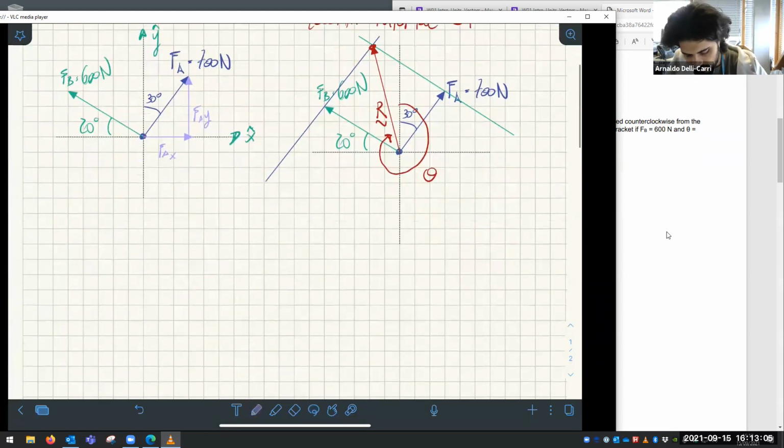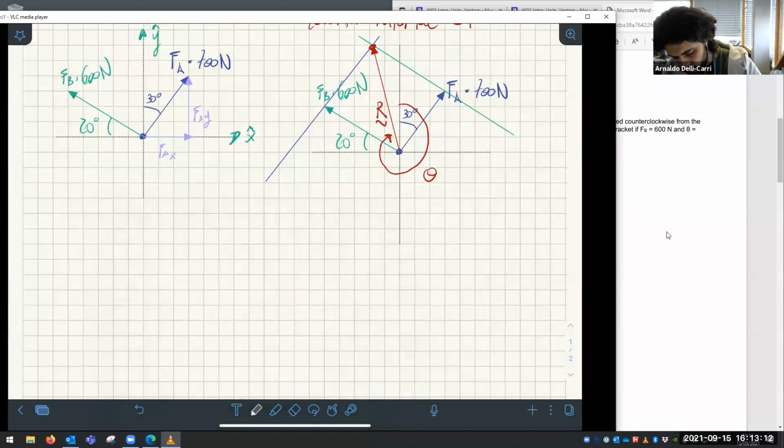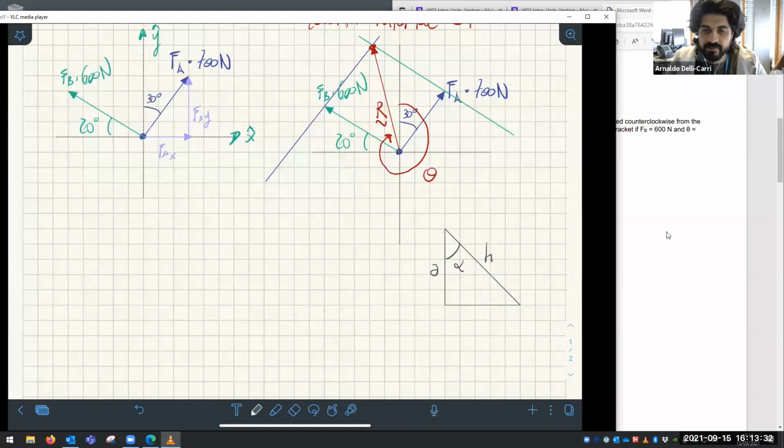So let's recall the trigonometry. If you have a triangle like this, and say you know that this is the hypotenuse, you know this angle, let's call it alpha. If this is alpha, we can identify the adjacent edge A. Adjacent means it forms the angle with the hypotenuse.